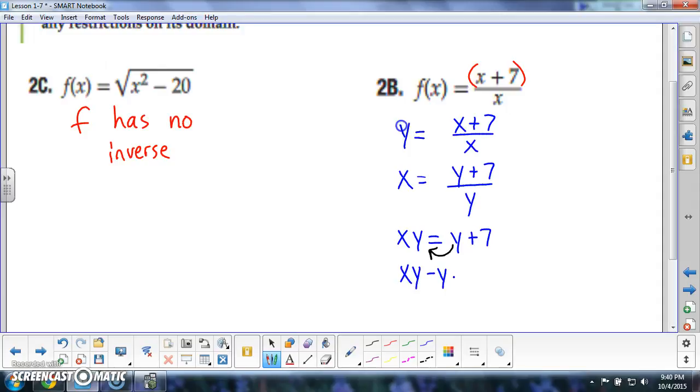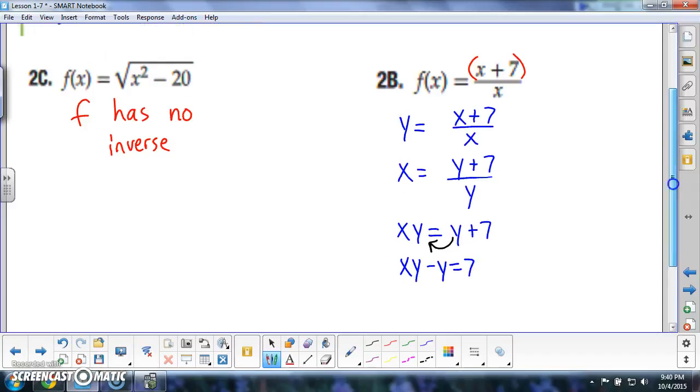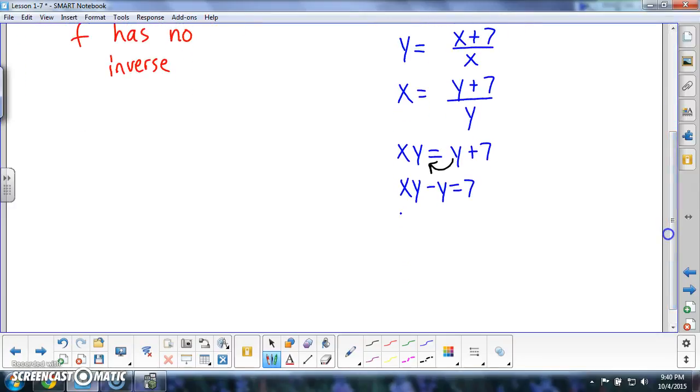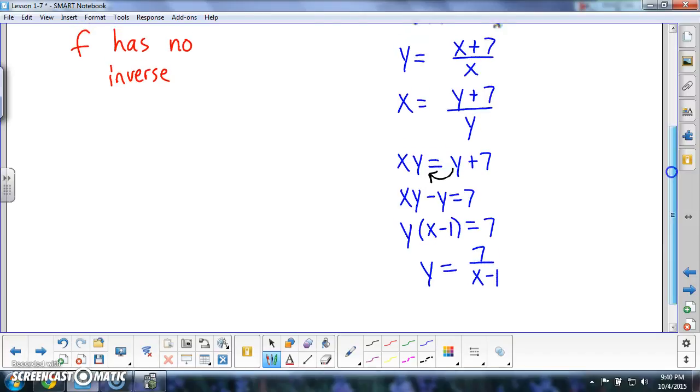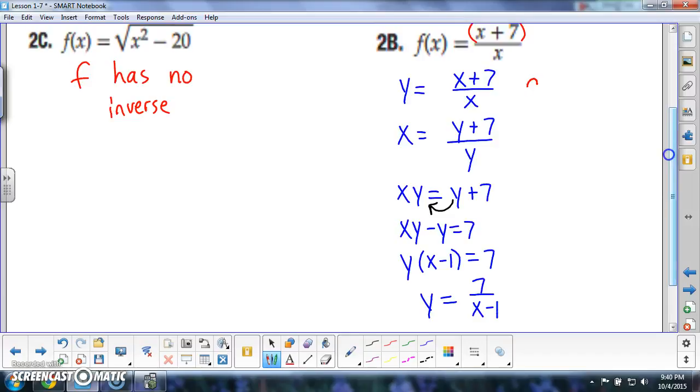Xy minus y equals 7. And then what I have to do is factor a y out of both of those terms, leaving us with an x minus 1. Last step, divide by the x minus 1, and we get 7 over x minus 1. So this is my inverse. F inverse of x would be equal to 7 divided by x minus 1.